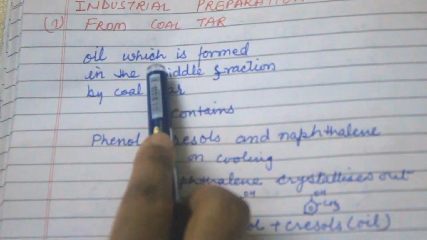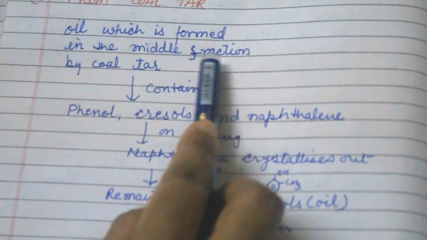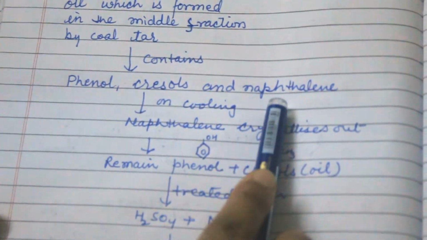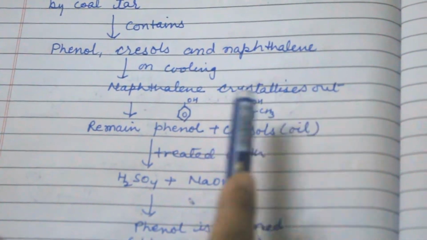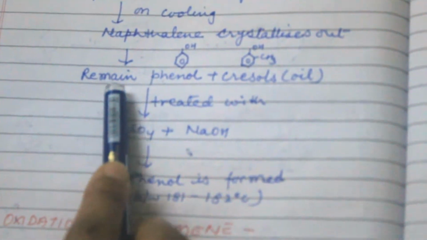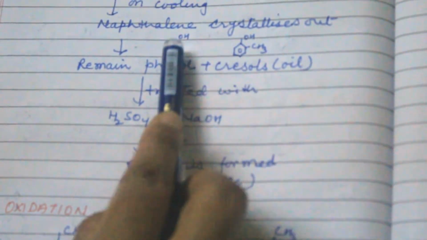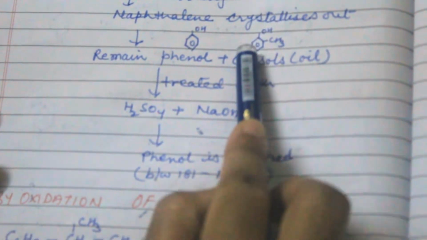Now, industrial preparation. The middle fraction of coal tar contains phenol, glycerol and naphthalene. On cooling, naphthalene crystallizes out and the left behind product is phenol and glycerol. The phenol has this formula and glycerol is this formula.